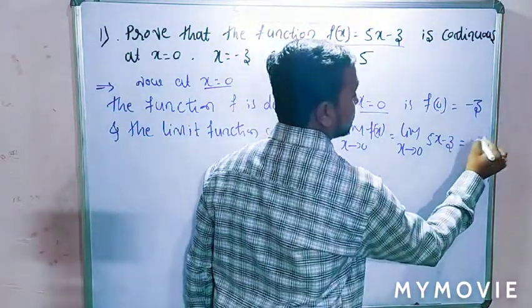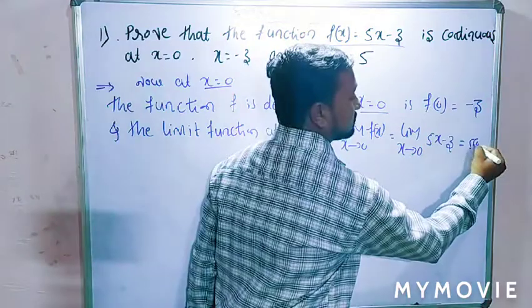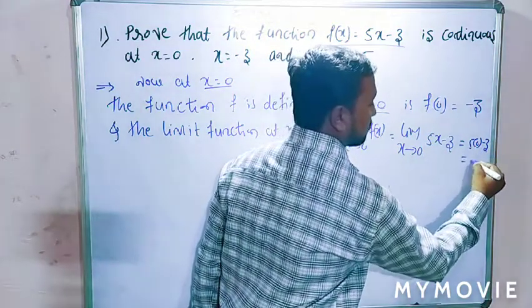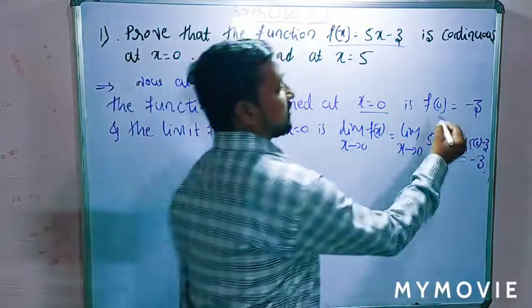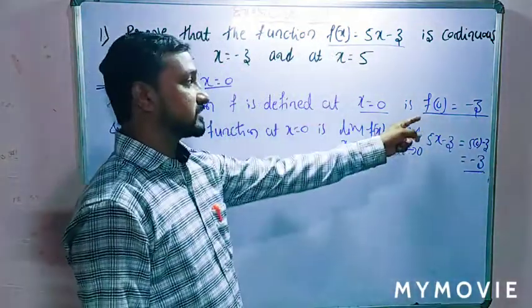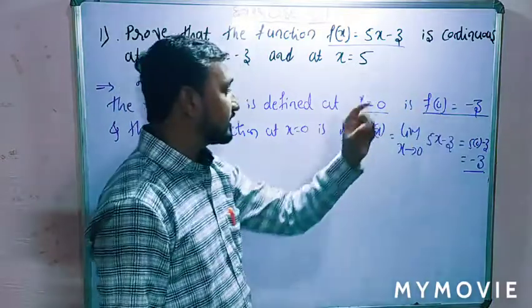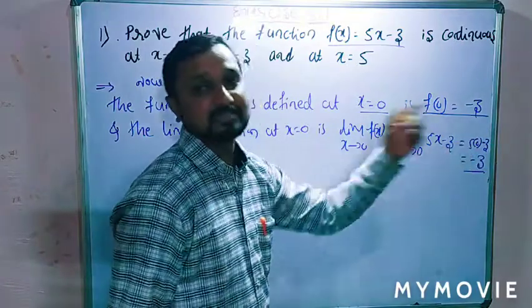Applying the limit gives 5 into 0 minus 3, which is minus 3. Here the constant function is equal to the limit function. The value of the constant function f of 0 is minus 3, and the value of the limit function is also minus 3.